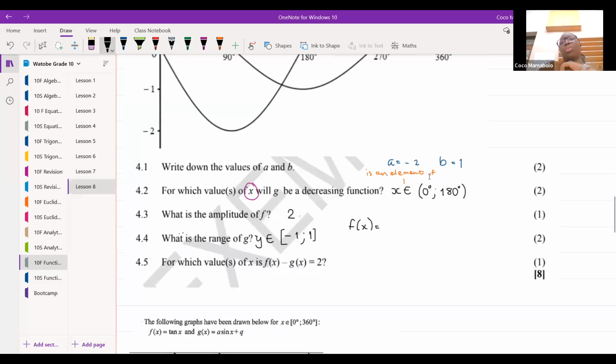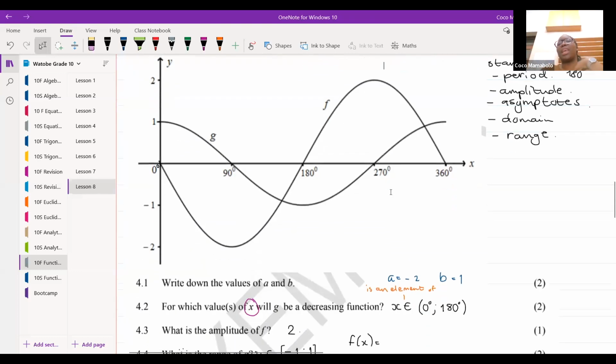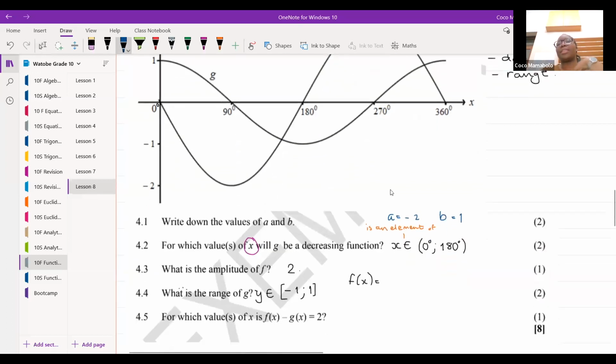Let's go back up, guys. f of x would equal, we would replace a with negative 2, right? So what would f of x actually read? Finish it off, that's it, Nkechi. Don't forget your x. So we would say f of x is equal to negative 2 sine x.